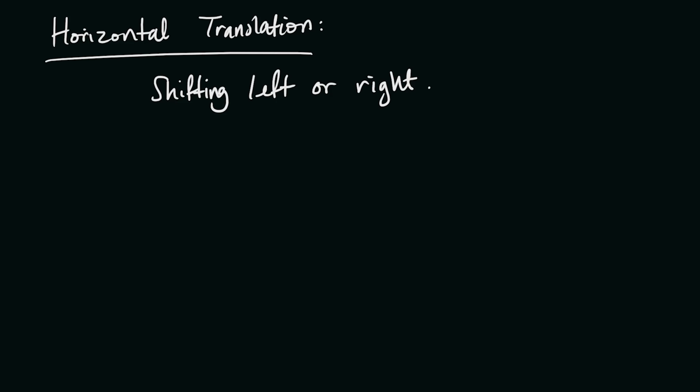Now, the whole point of how we would find it would be f of x minus h. Now remember, h is just a random number. It could be like 5, it could be 6, it could be -5. And all of this basically adds up together. Whenever we have a shift going on, we need to know if it's going to the left or to the right.